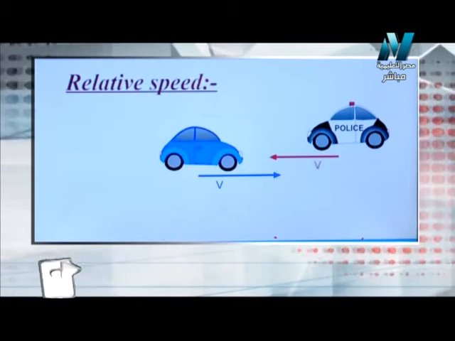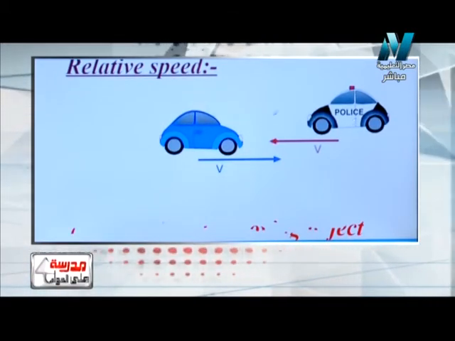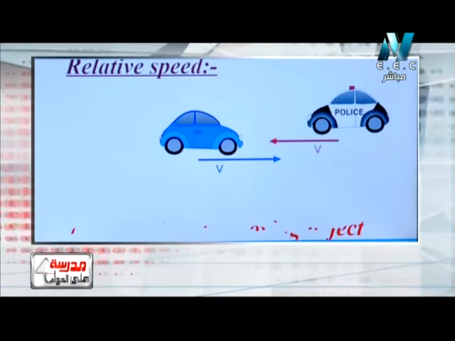Let's see together, as we see here, dear students, relative speed, sorry. As we have here relative speed, we have two objects as you see: one a police car and another a civilian car.